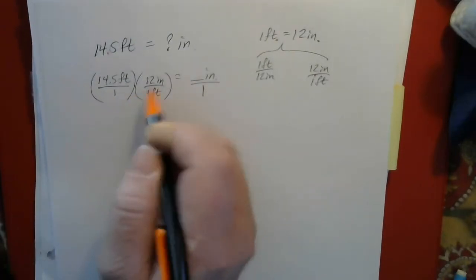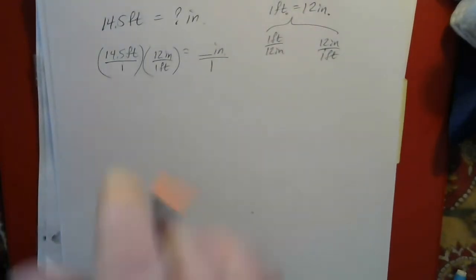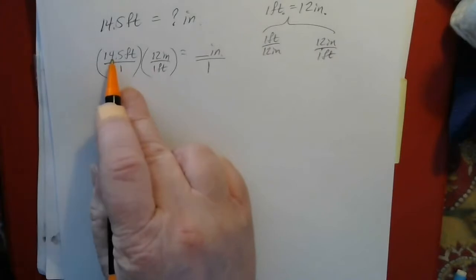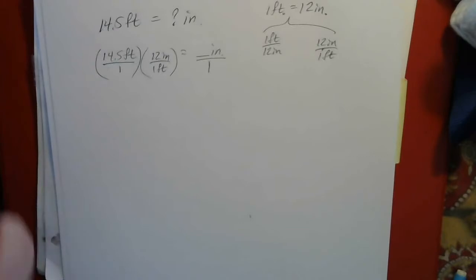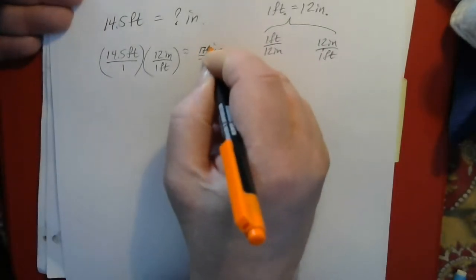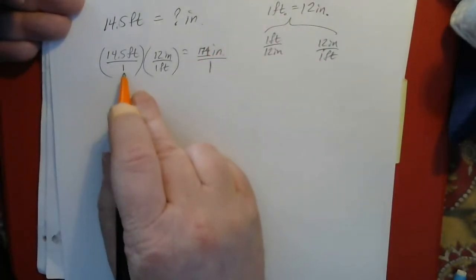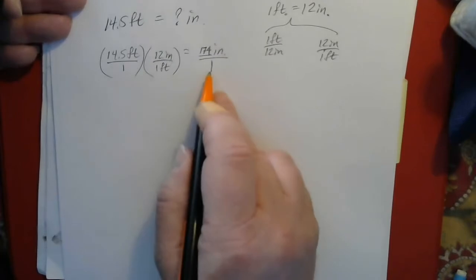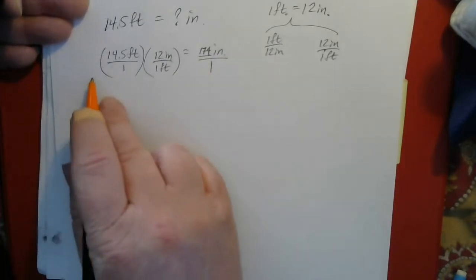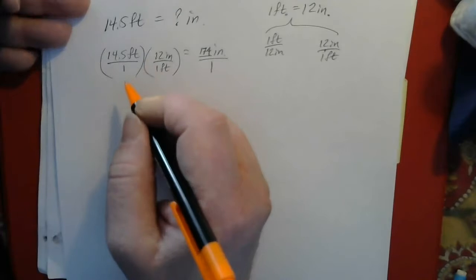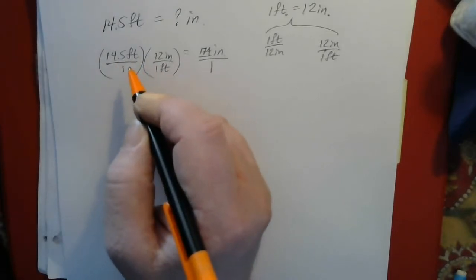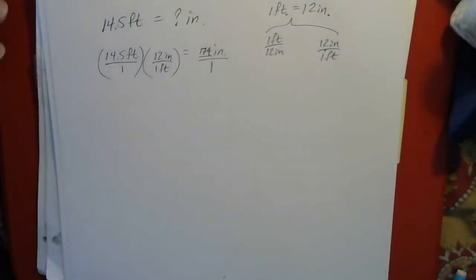And so now if we multiply these numbers out, we have 14.5 times 12 in the numerator, and that's 174. And in the denominator, we just have 1 times 1, which is 1. And so you don't have to worry about the denominator at all. And if you look at what happens to the units, same kind of idea as what you're doing with the numbers.